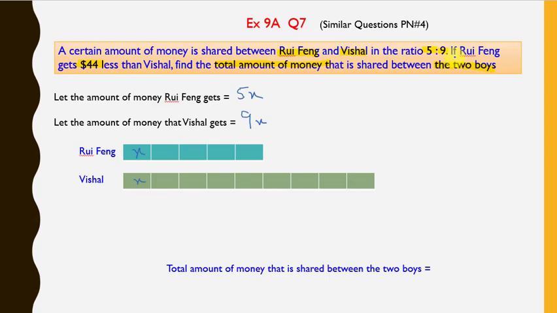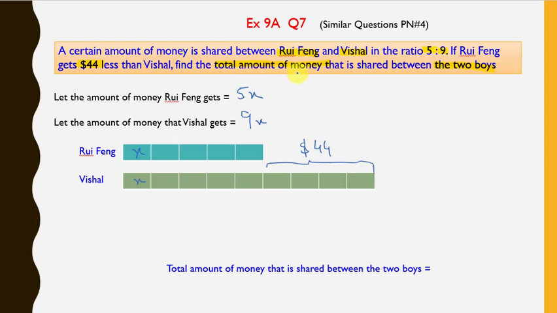Now if you look at the next sentence, if Rufeng gets $44 less than Vishal, it means that Vishal got $44 more than Rufeng.